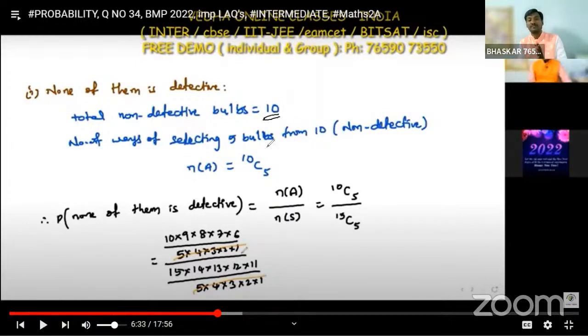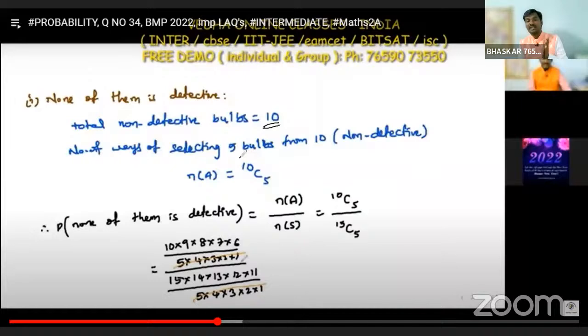We don't want defective ones, so leave the other 5 defective bulbs, and from these 10 only we have to select 5, all non-defective. So 10C5. Probability is equal to favorable events divided by total number of events, the sample space.